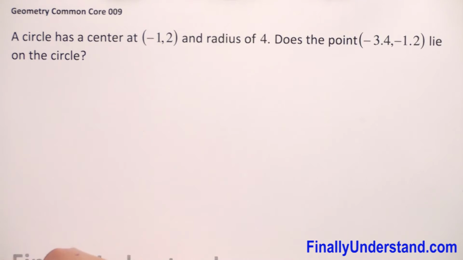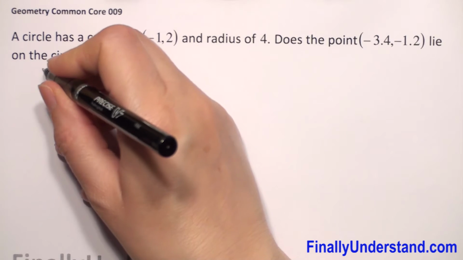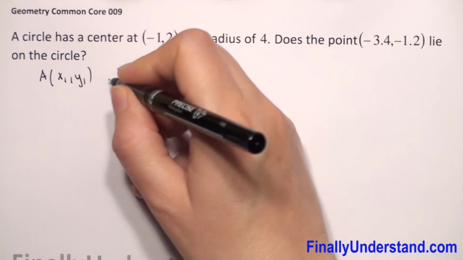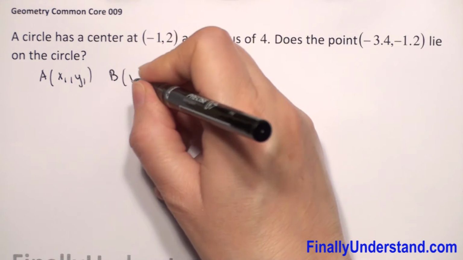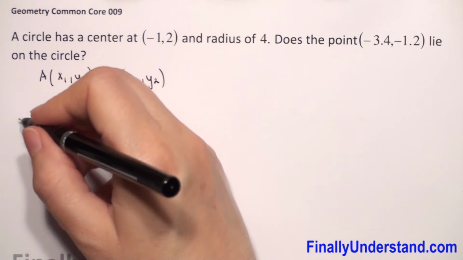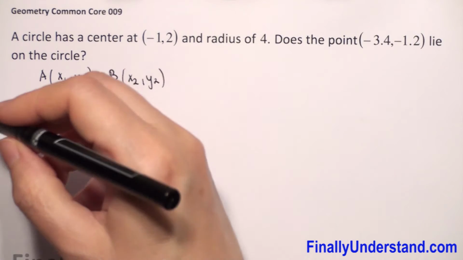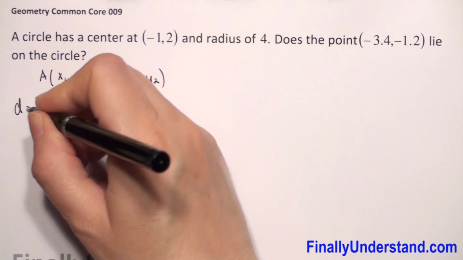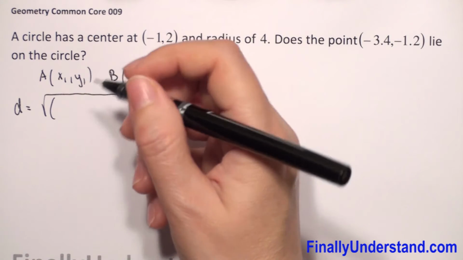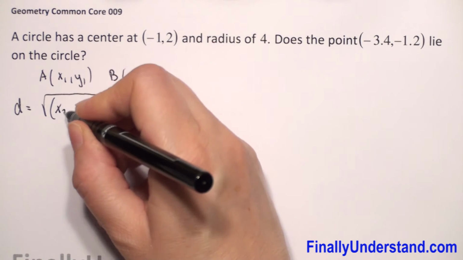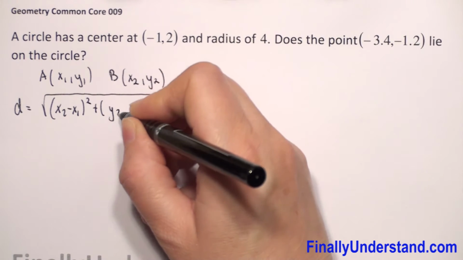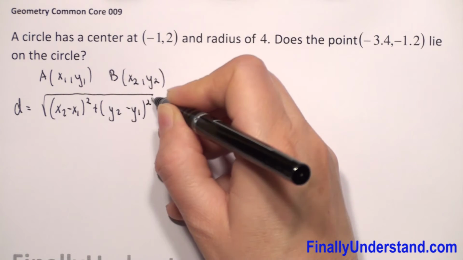When we have two points, A with coordinates x1, y1 and B with coordinates x2, y2, the distance between these two points is the square root of, in parentheses, x2 minus x1 to the second power plus y2 minus y1 to the second power.